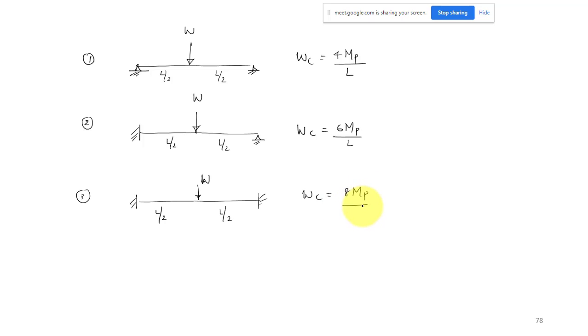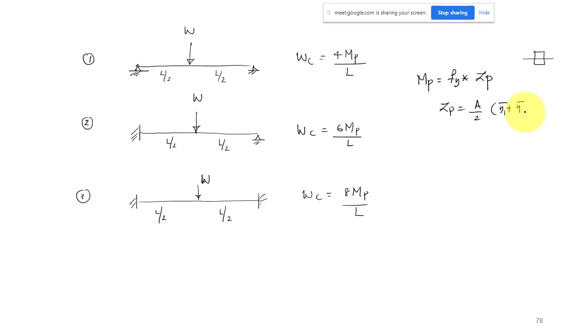So the simply supported beam has very little capacity, 4 MP by L, and the propped cantilever beam is more than the simply supported beam, 6 MP by L. When you come to the fixed beam, it can carry much more load, so its collapse load is higher than these two cases, 8 times MP by L. Here MP is the plastic moment capacity of the cross section. MP is a constant, because it is the yield strength multiplied by the plastic section modulus ZP, and for a given cross section ZP is constant, which you can find as A by 2 into Y1 bar plus Y2 bar.